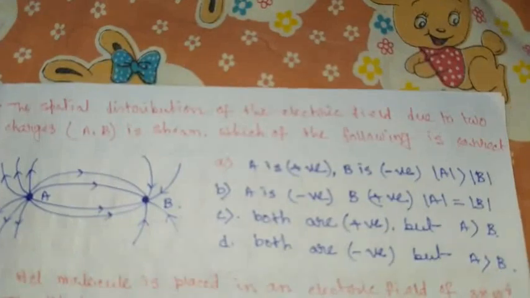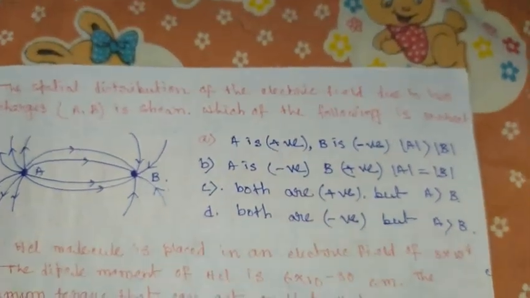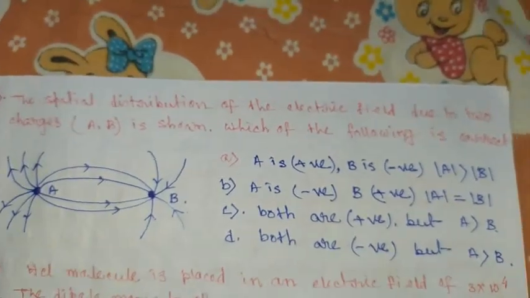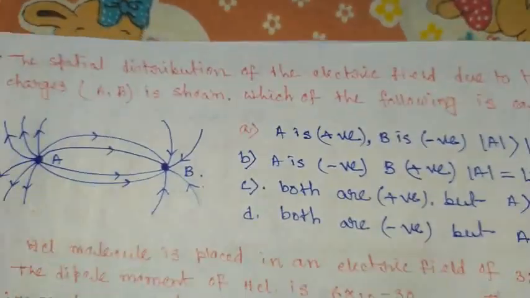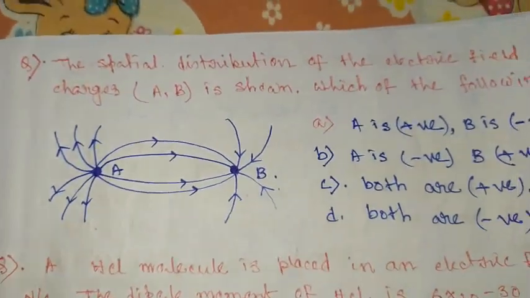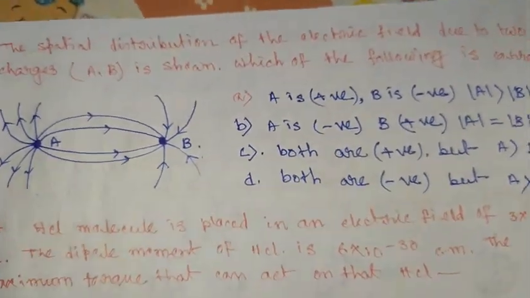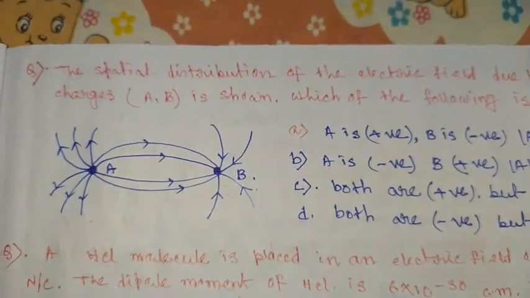The spatial distribution of the electric field due to two charges A and B is shown. Which of the following is correct? Four options are there and the figure is here. To solve these questions, we have to know the properties of flux lines.